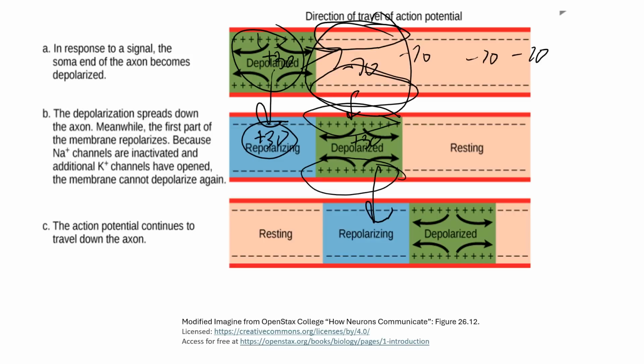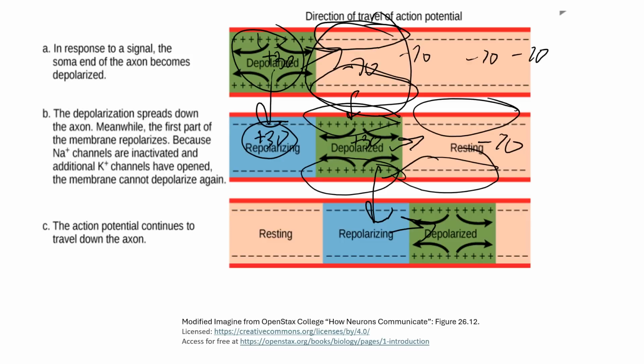And now you'll notice on the image on the bottom, what's happening is the next region is going to become depolarized. If we look at the adjacent region in the image in the middle, it's still negative, negative, negative everywhere, right? That would be because the inside is negative 70.